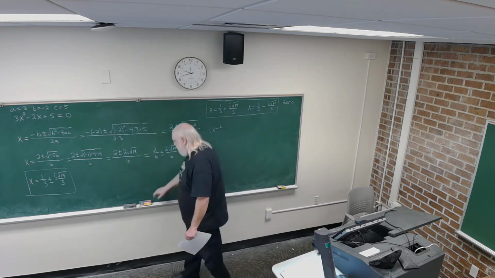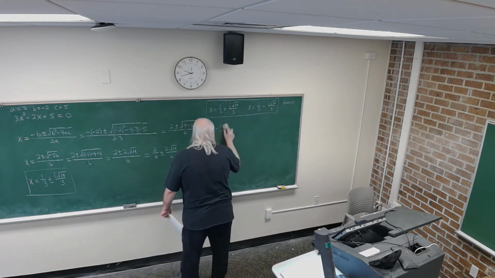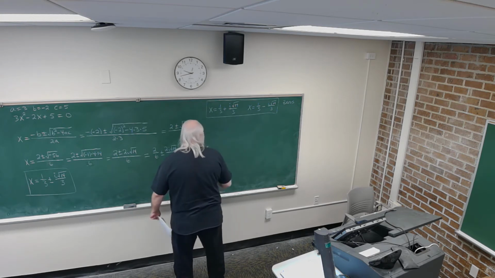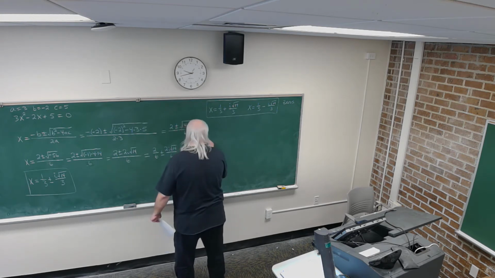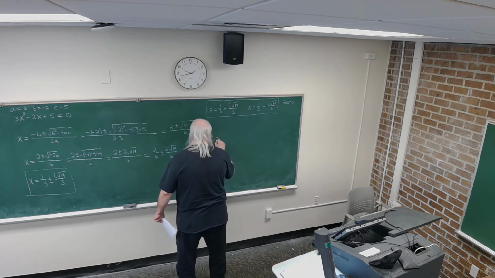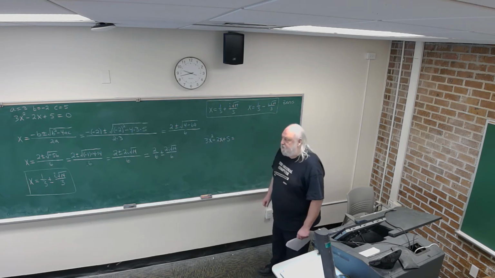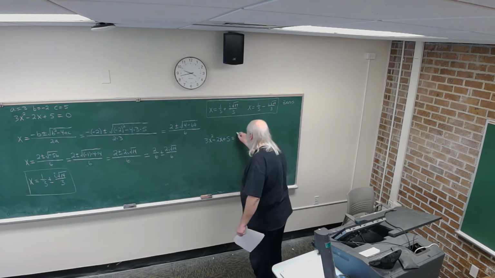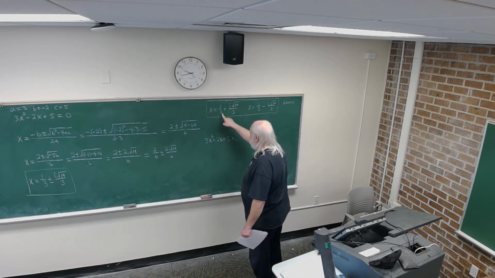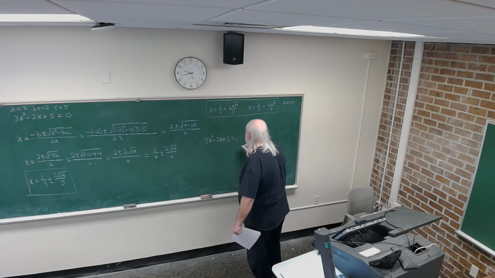Oh, while we're doing that, we're factoring 3x squared minus 2x plus 5. Right? That's what it means when I get the complete factorization. So for the first factor, we subtract 1/3 from x, then subtract i root 14 over 3 from x.